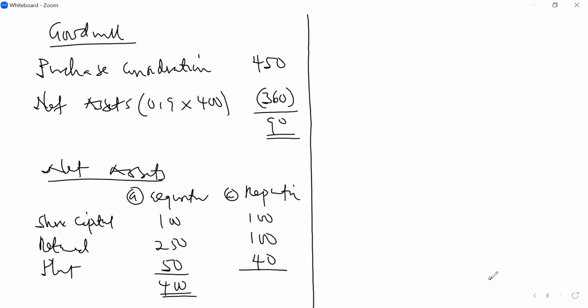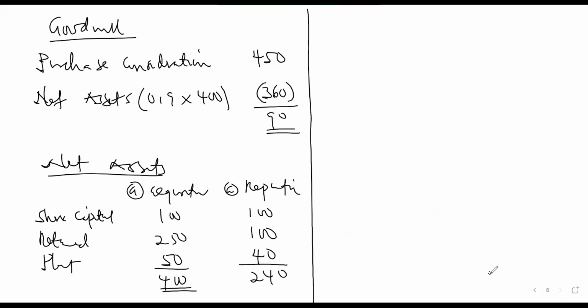So this will be 240. So this will be 400 and this is 240. We don't have any issue with anything over there. What are we going to look at now? Let's look at the total value of the company because we want to know the impairments.